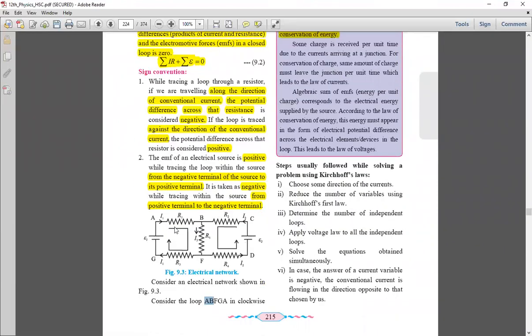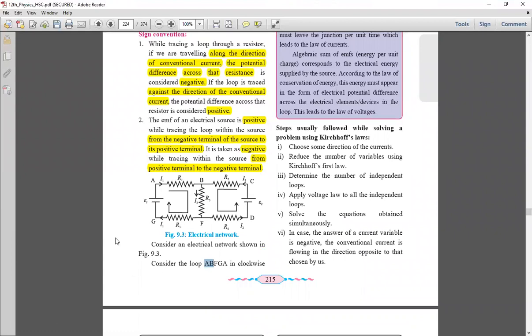Next, we have to go B to F. B to F, what is there? Only resistance. Here the current I3 is going from B to F. It means that point B is high potential, and point F is negative potential. As we are going from B to F, we are moving from high potential to negative potential.